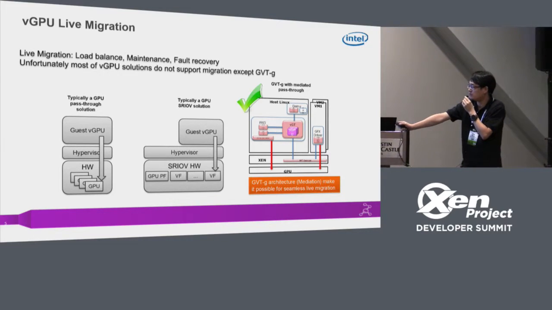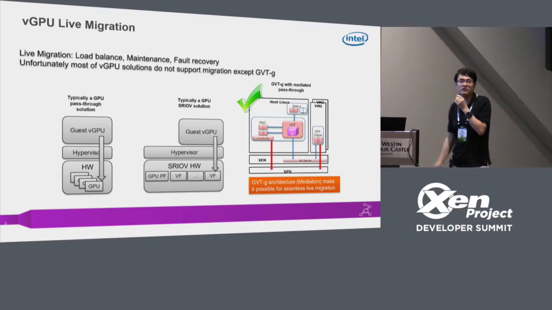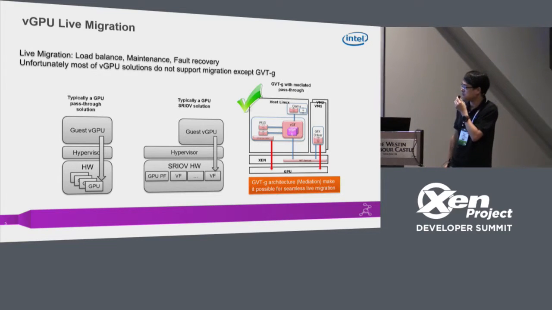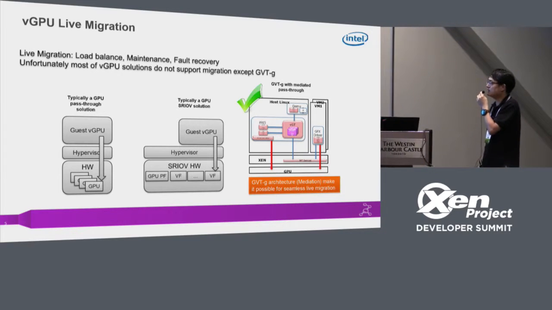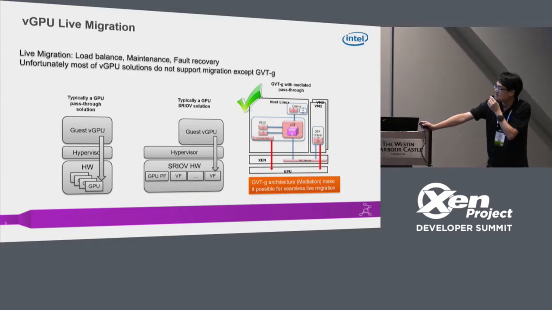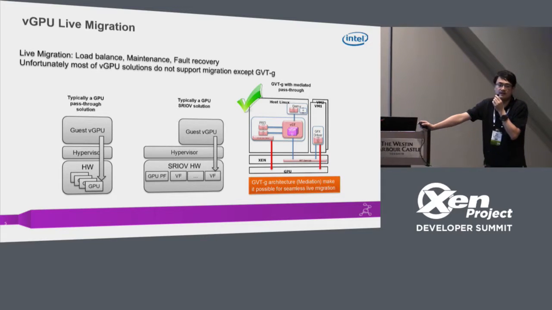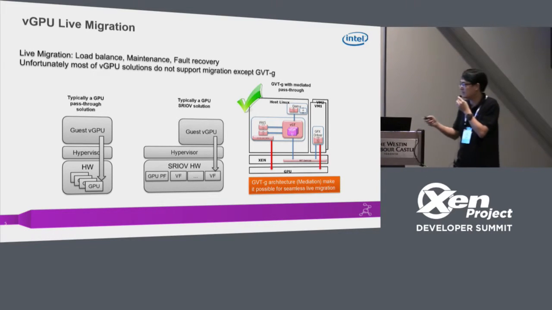Here I listed several GPU virtualization solutions. On the left side, the first is typically a vGPU pass-through solution. There are several hardware models at the hardware level, and management tools or the hypervisor library assign one GPU core to a dedicated VM, and then the VM submits workload to the hardware, and the state is totally owned by the hardware.